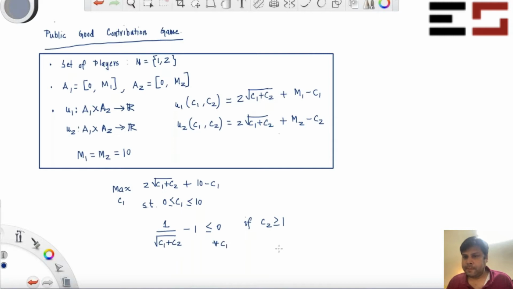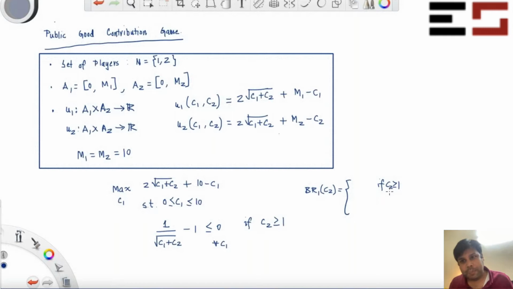Yes or no? Now, what does this tell you about the optimal choice of player 1? How much should player 1 contribute? Tell me what is BR1(C2) if C2 is greater than or equal to 1. What is the best response of player 1? 0.